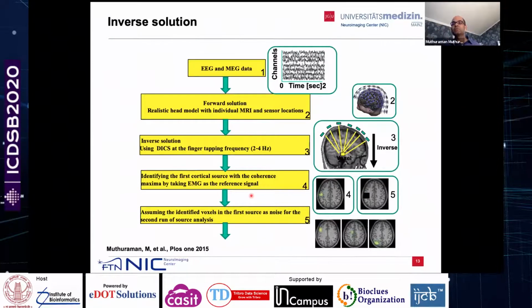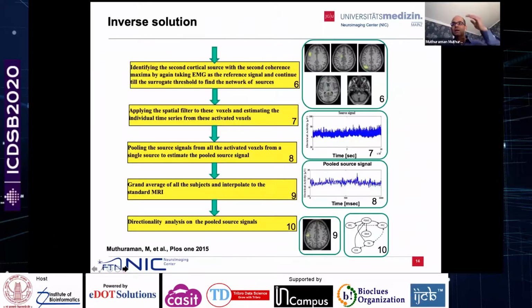What we do is we trick the algorithm to first find the most activated or the strongest source, and then we tell the algorithm in an iterative way to treat that as a black box and go further with the other sources. In this way, we are able to get the other sources, even deeper regions in the brain.